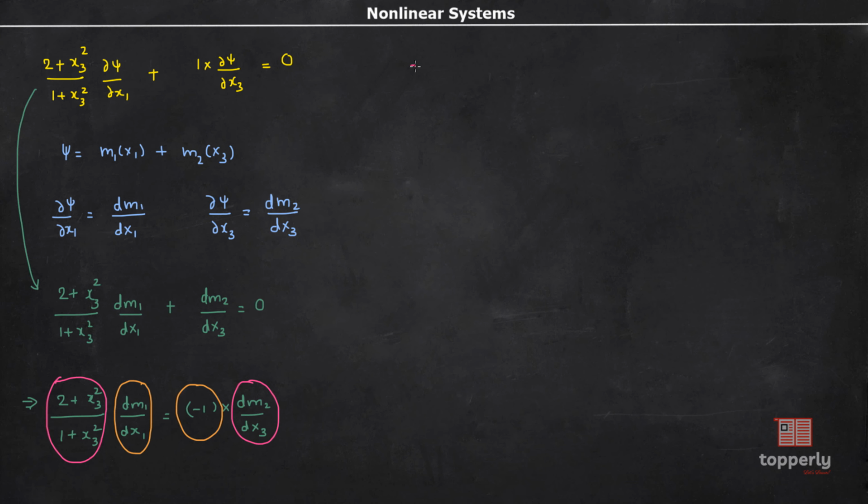Therefore, we have dm1 by dx1 is equal to minus 1 and dm2 by dx3 is equal to (2 plus x3 square) by (1 plus x3 square), which is equal to (1 plus 1 plus x3 square) by (1 plus x3 square), which will be 1 by (1 plus x3 square) plus 1.